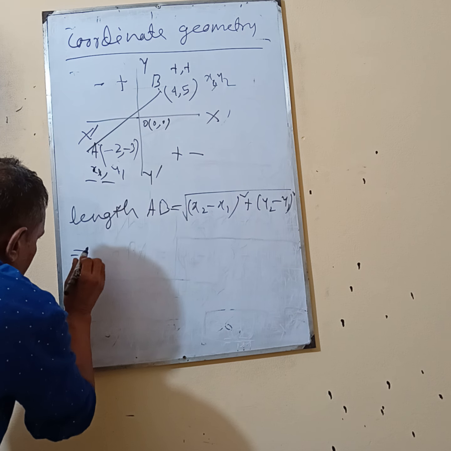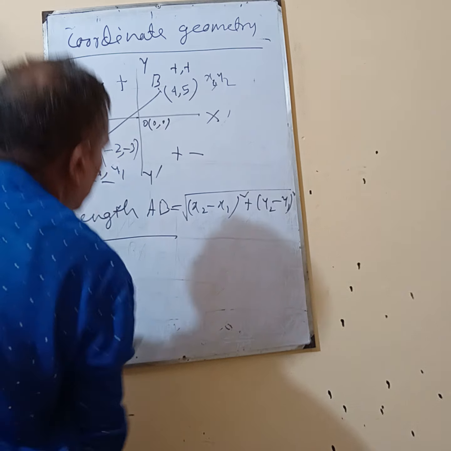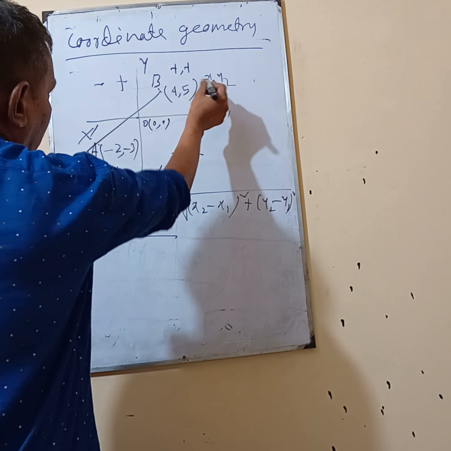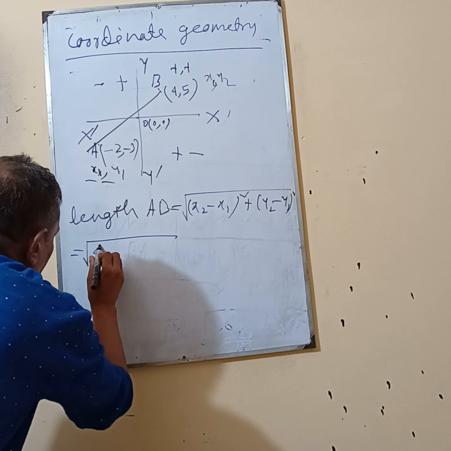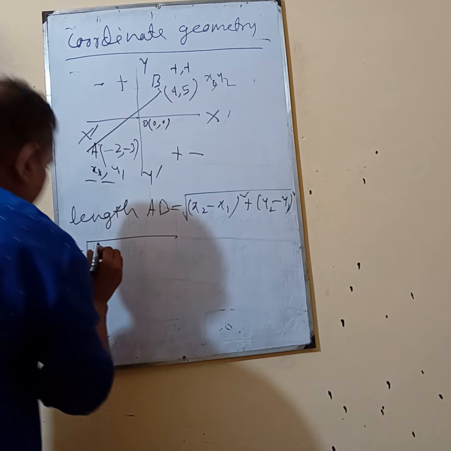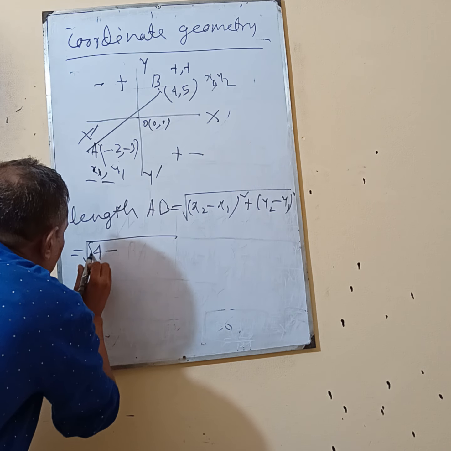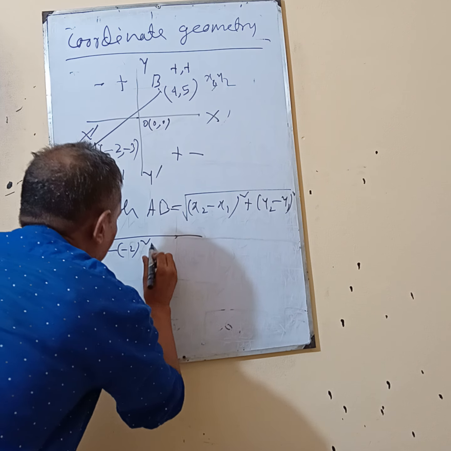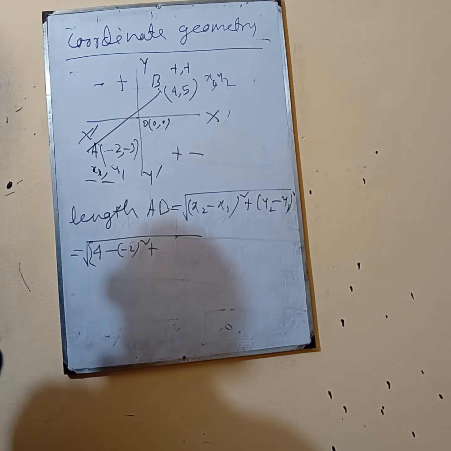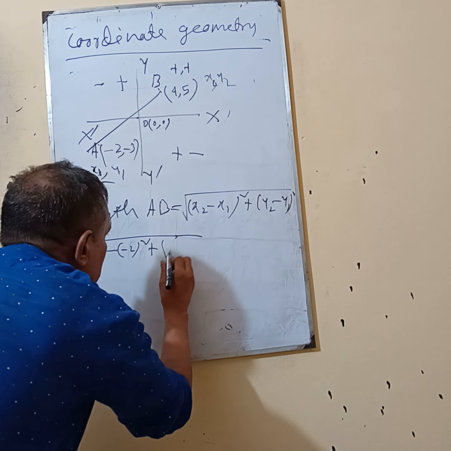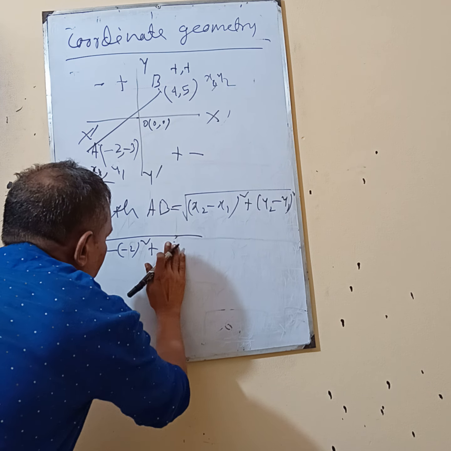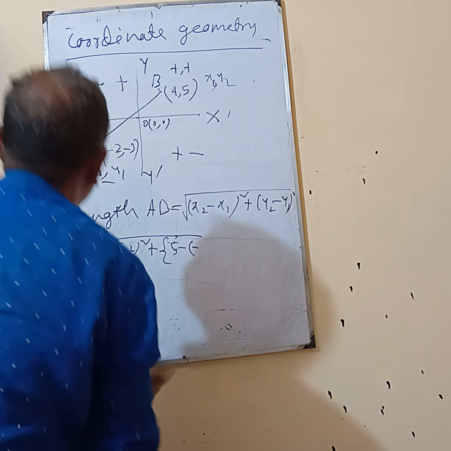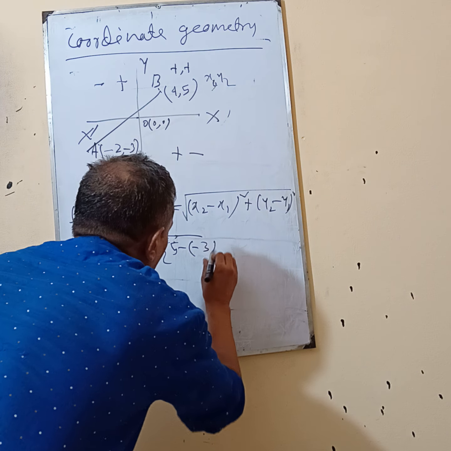And now calculation. x2 is 4, minus 2 whole square. And then the second value, 5 minus 3 whole square.